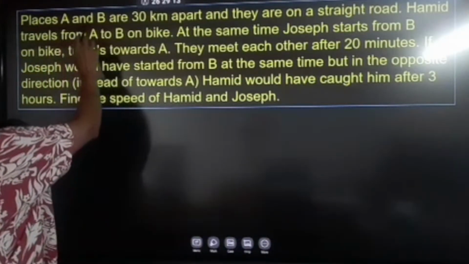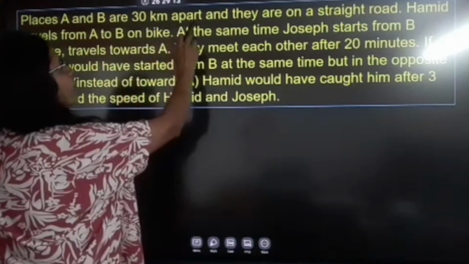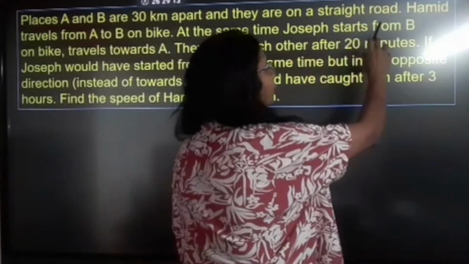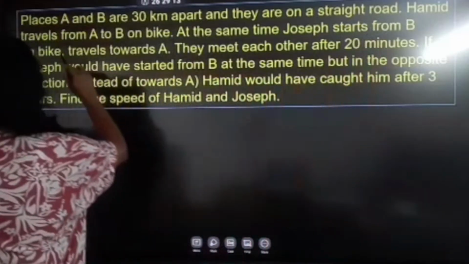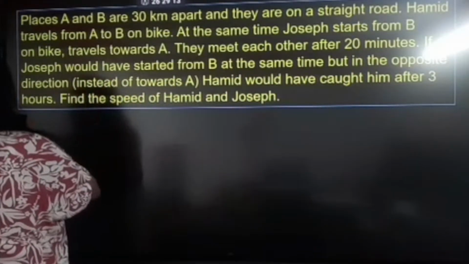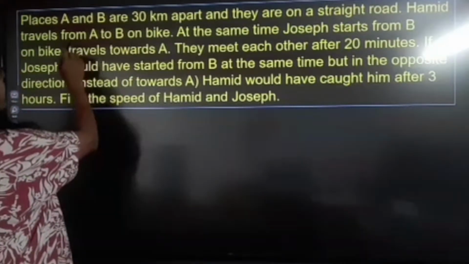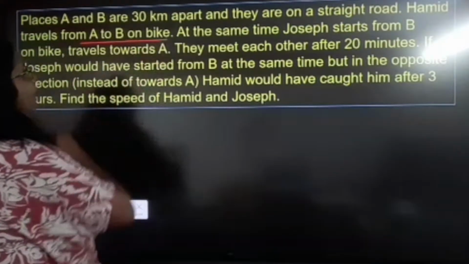Places A and B are 30 kilometers apart and they are on a straight road. Hamid travels from A to B on bike.